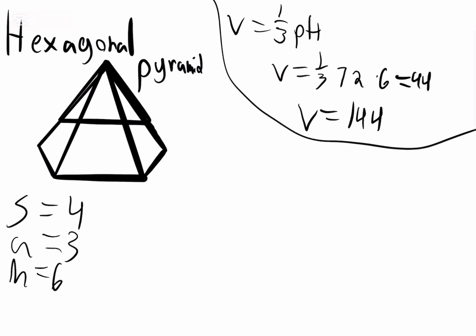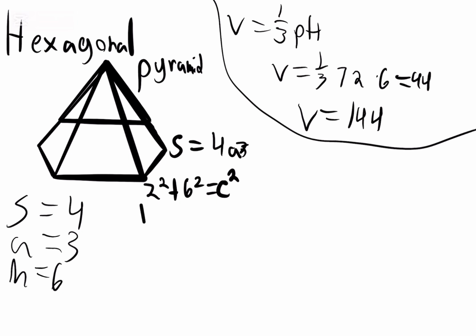So, surface area would be S equals 4A 3. So, 3 squared plus 6 squared equals C squared, because we're going to use Pythagorean theorem.